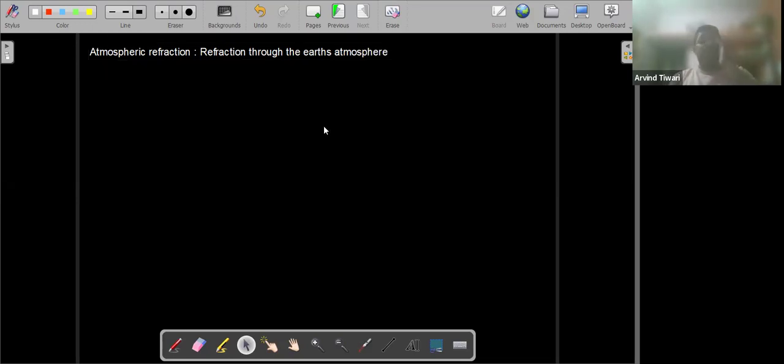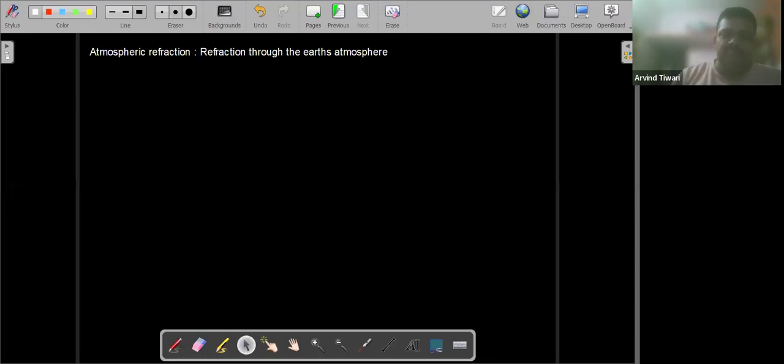So what are the different phenomena that we see due to the refraction through the atmosphere? One of the phenomena that we observe due to atmospheric refraction is the twinkling of stars.